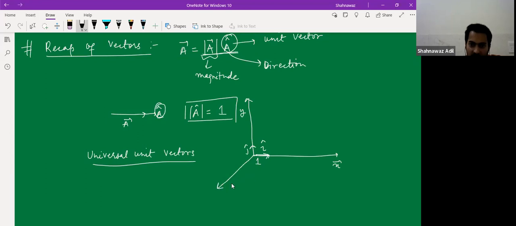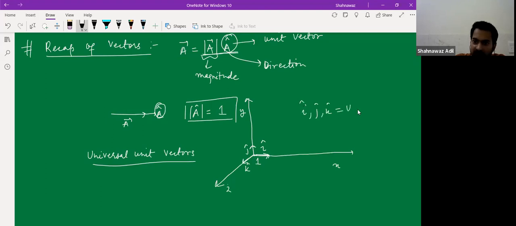And if you go 1 unit in the Z direction, that is called K. So I, J, and K are called the universal unit vectors.